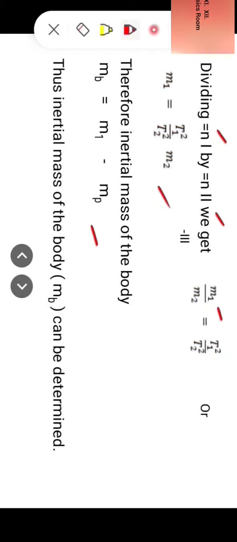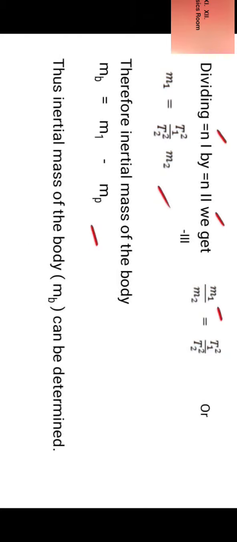Because m1 is equal to mb plus mp, and since m1 is known and mp is known, mb can be calculated. Thus, the inertial mass of the body mb can be determined.